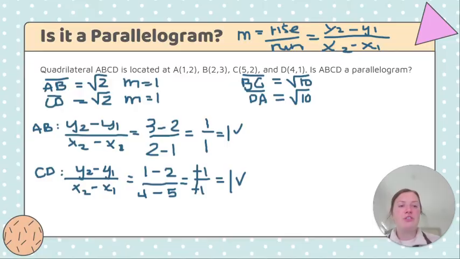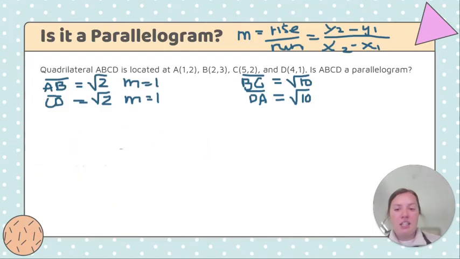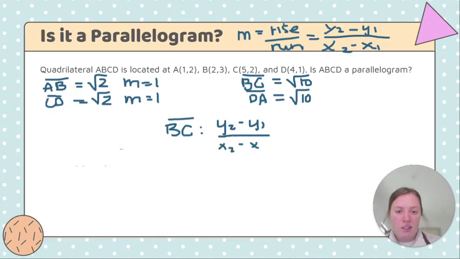Yay. Okay, we've got the second to last step. Let's do one more thing to confirm it. Let's look at the slope of BC and DA. So for BC, we're going to look at y2 minus y1 and x2 minus x1, where C is going to be my second point.